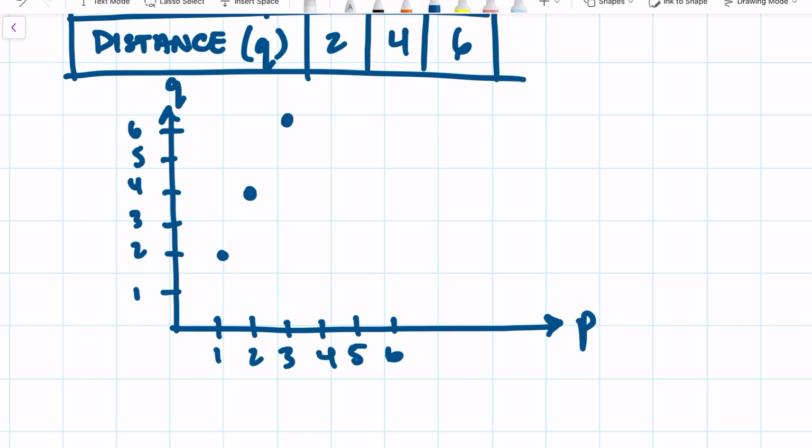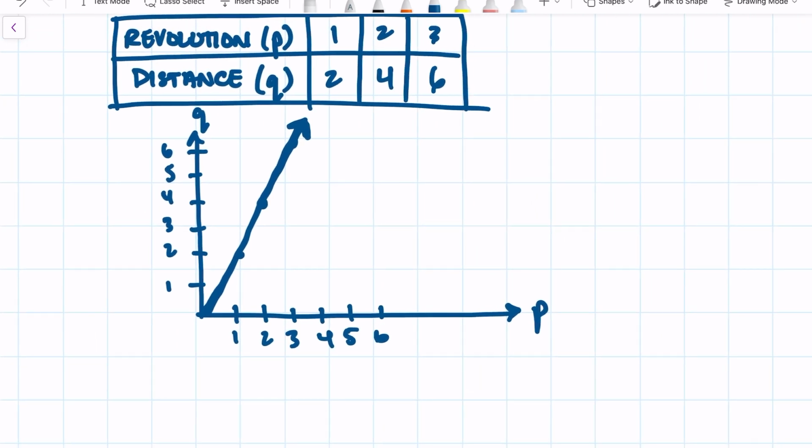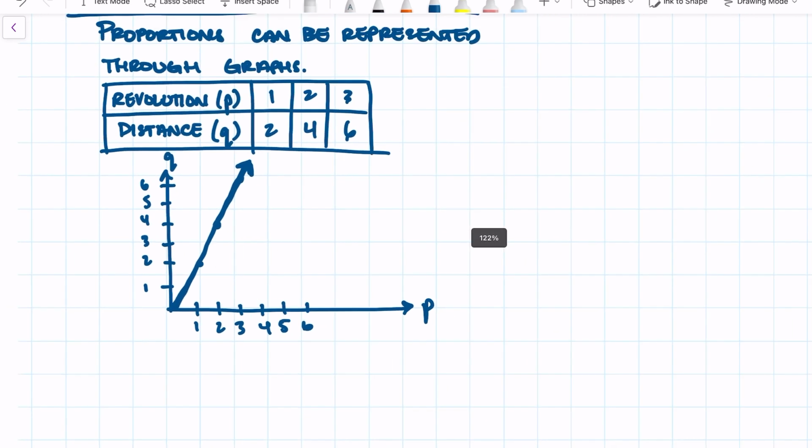And 0 being 0, you could see that this leads in a somewhat straight line. I know mine isn't perfect right now because I'm not using a ruler. If you do have a ruler, it might be worth your time to use that real quick, and you could definitely graph these nicely. But you could see that it does have a straight line.